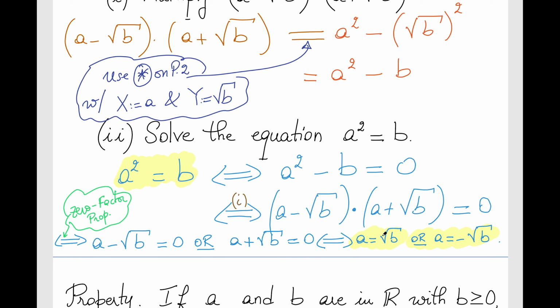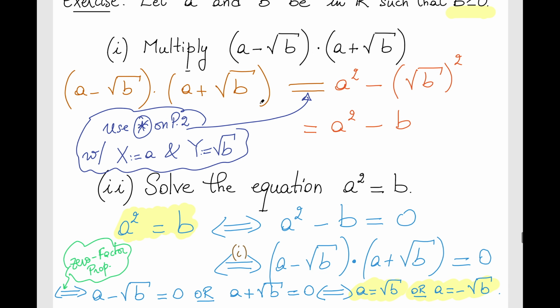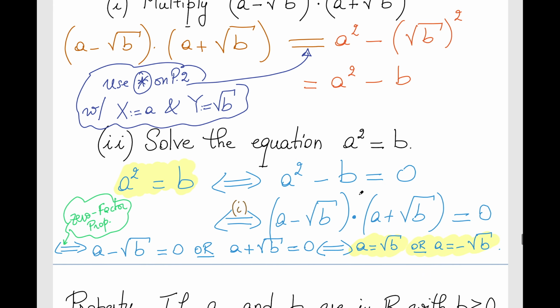You see this statement? That's equivalent to this. Makes sense? And as I mentioned before, you could have found this by the full power of the quadratic formula without this observation. And I encourage you to actually do it on your own.